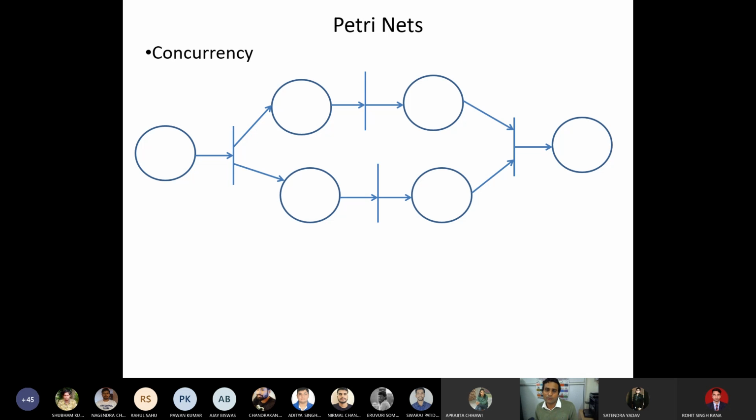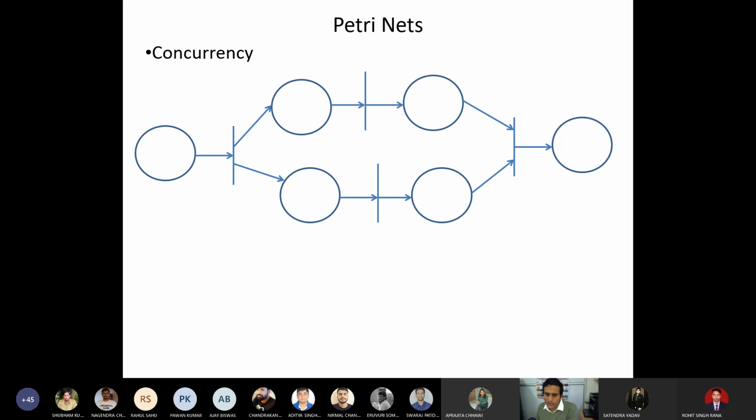In the fourth transition you have a dependency: unless both have tokens, that means both have completed, maybe they have input data, the transition will not be fired. You can model any Petri net this way.